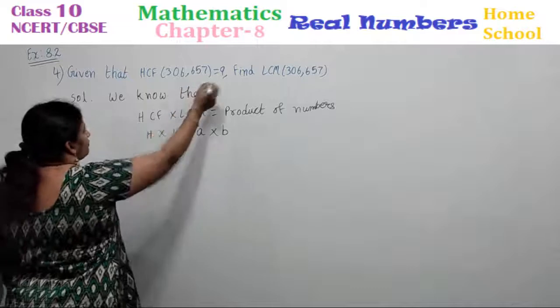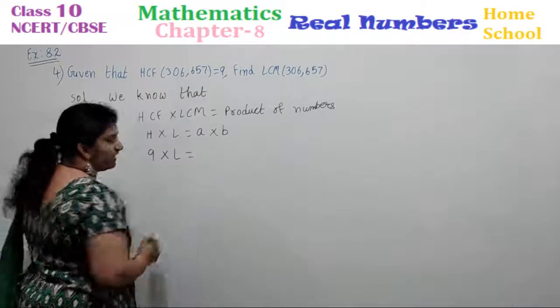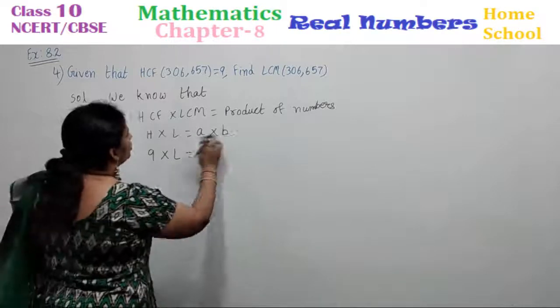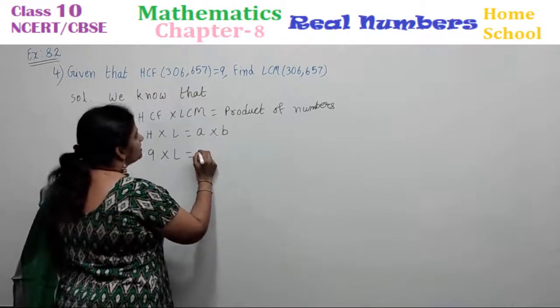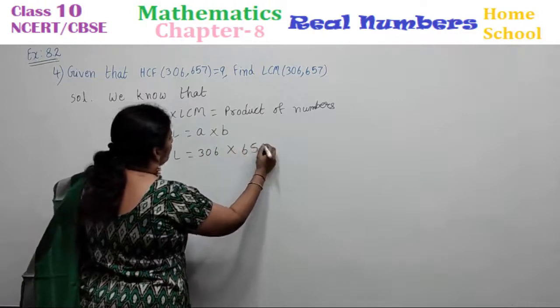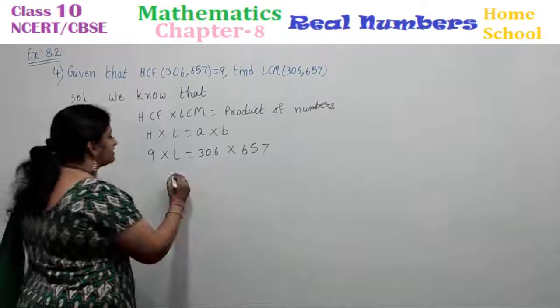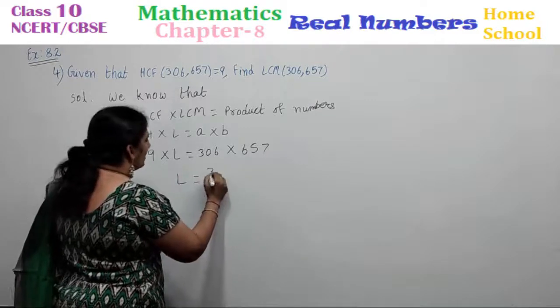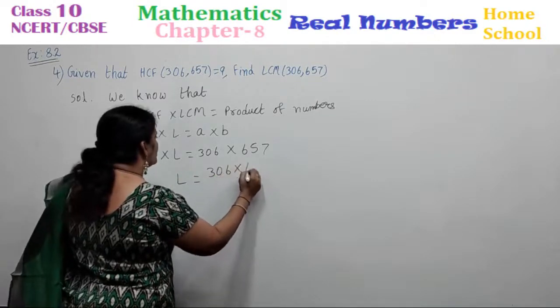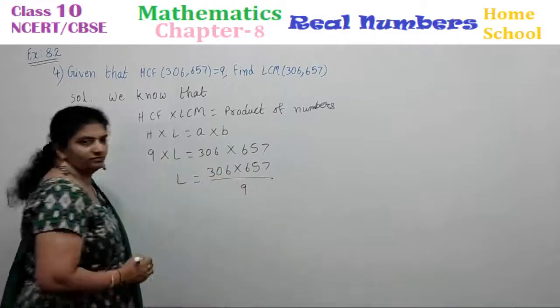Now what is the HCF of these two numbers? H is 9. We don't know L, which means LCM. What are the two numbers? Take the numbers here: 306 into 657. Now this multiple 9 goes to the other side, so it will be divided. 306 into 657 by 9.